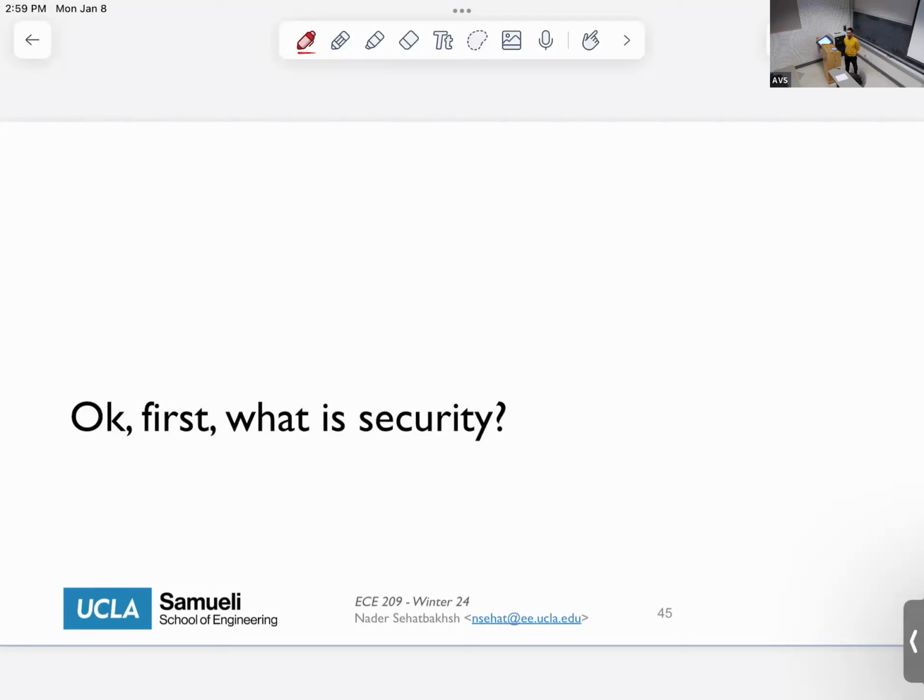Is that the only one, do you think? Can you think about other scenarios where access is not necessarily the problem, but maybe something else? Yeah, like the example that you showed where they just encrypt the data, like ransomware asks for money to decrypt it. So they might not have access to it, but they just encrypt it. Okay, but you can still think that they accessed the memory content and then encrypted it, right?